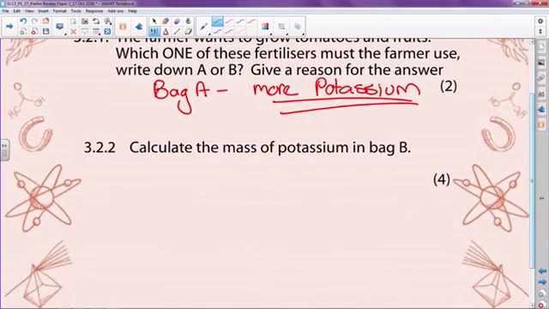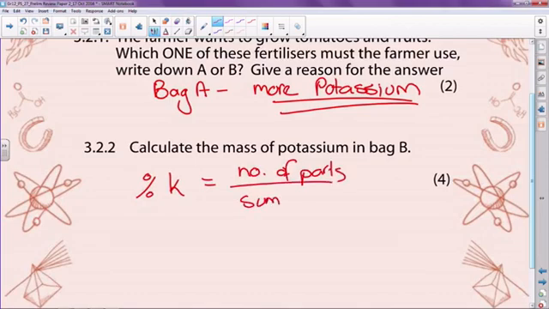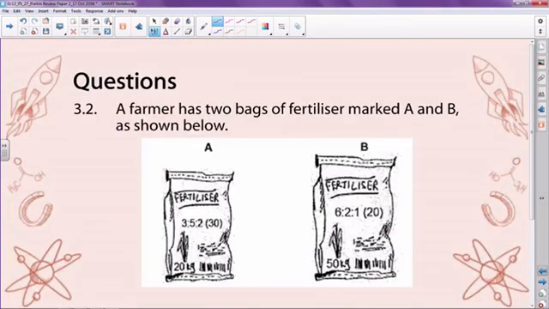Well, the way we do this in bag B is the percentage potassium in any bag is the number of parts of potassium, I should have given you less time, sorry, divided by the sum of the ratio times the purity. So if we look at bag B, we have 2 parts out of 9, not 1 part of 9, and it's 20% purity, okay?